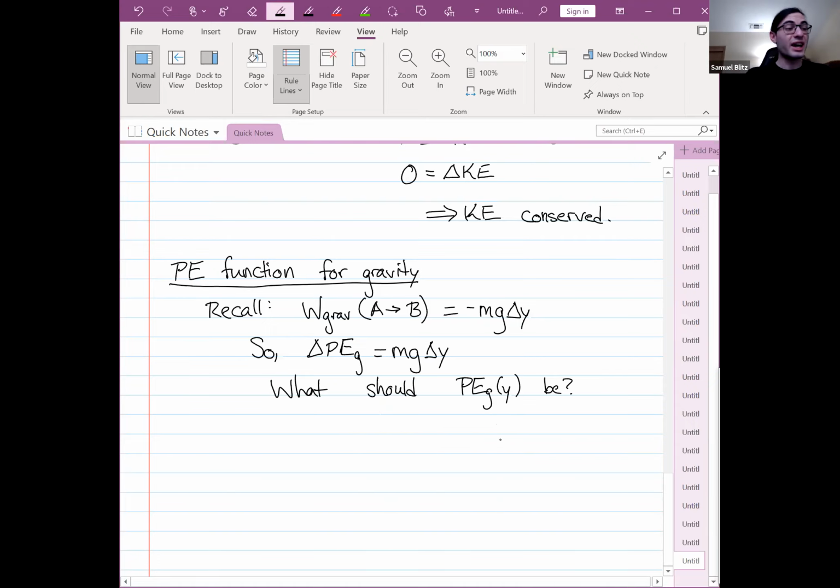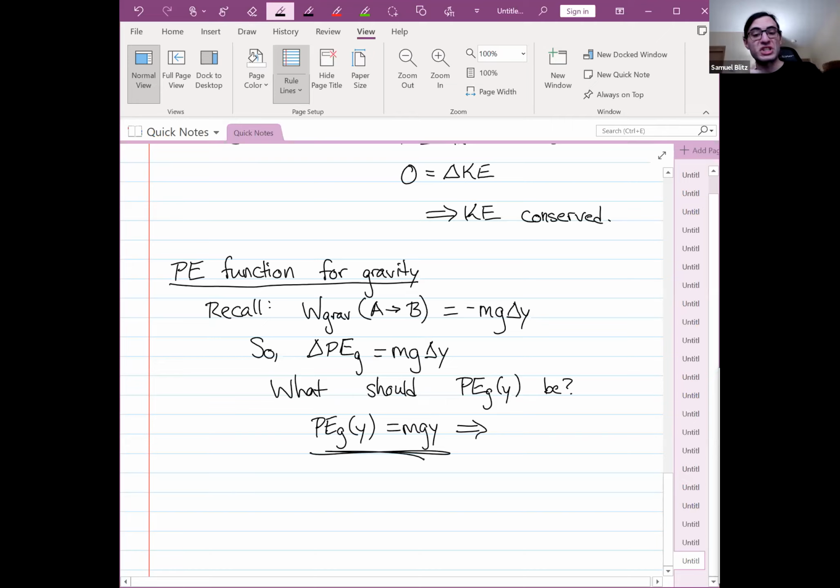However, in this case, it does actually work out relatively easily that we can cancel them out, because mg is a constant. m and g don't change with position. So the end result of this notion of canceling out the delta is that the potential energy due to gravity at a position y is mgy. And so we can just check if that is the correct potential energy.